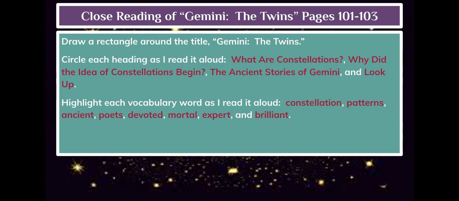Castor and his mother were mortal. Expert. Expert means skilled or knowledgeable. Say expert. The twins were expert soldiers. Brilliant. Brilliant means very bright or giving off lots of light. Say brilliant. Constellations are brilliant in the night sky.